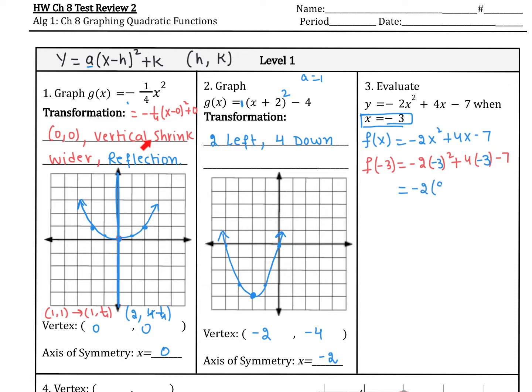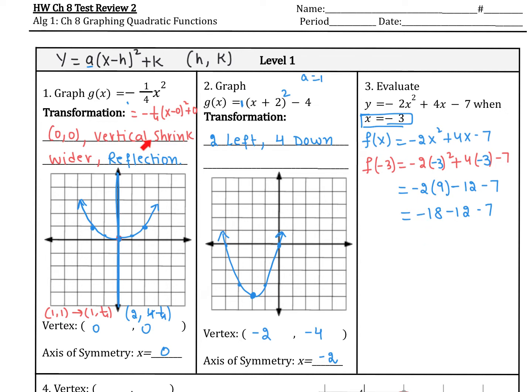So negative 2 times 9 minus 12 minus 7, you're going to get negative 18 minus 12 minus 7. Remember, when you take the square of a negative number, it becomes positive 9, and 9 times negative 2 is negative 18.